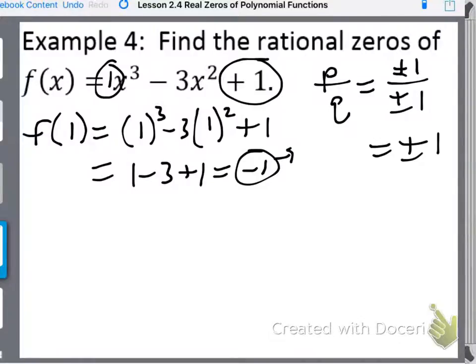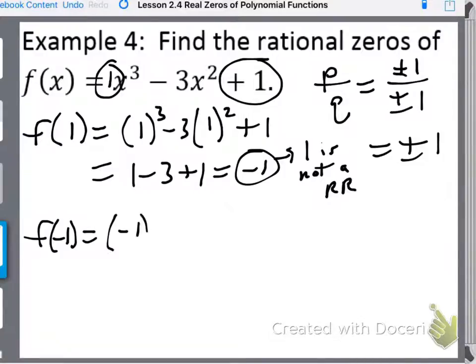So that means that 1 is not a rational root. Do the same thing with negative 1. Do f of negative 1. We want to find out if the remainder is 0. Remember, the remainder theorem says take the number, plug it into the function.